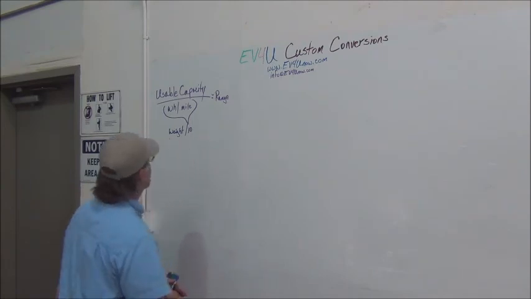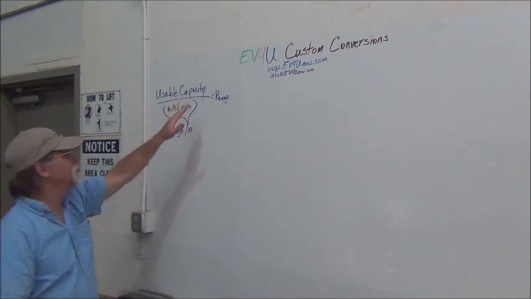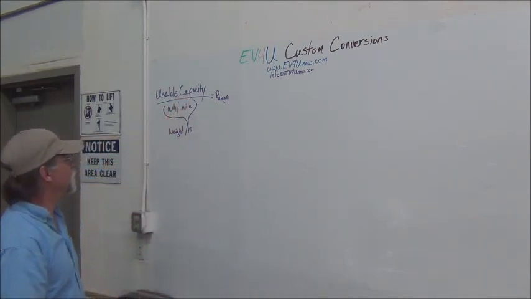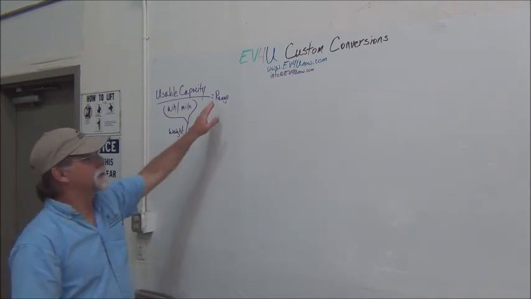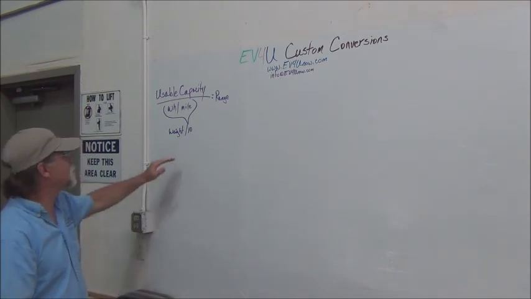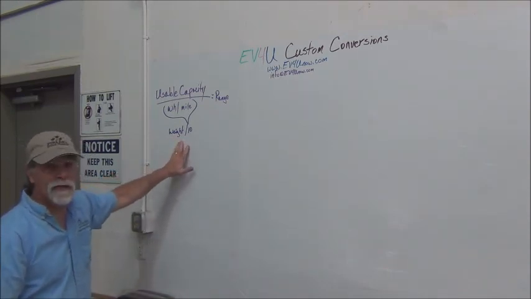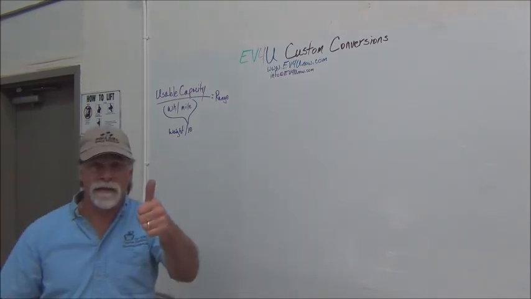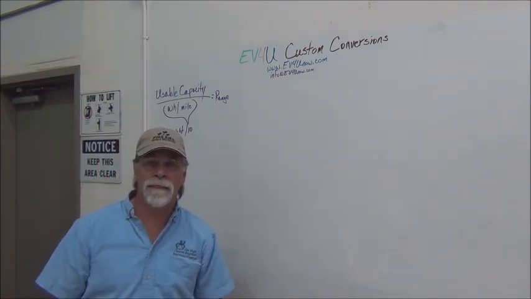And so the formula is your usable capacity divided by your watt hours per mile gives you your range. And the watt hours per mile is the weight of the vehicle divided by 10. That's a good rule of thumb.